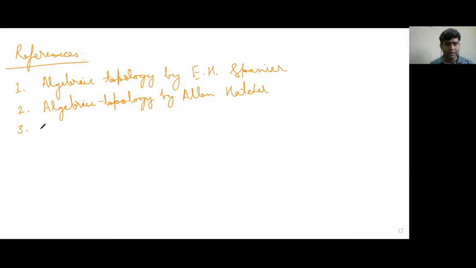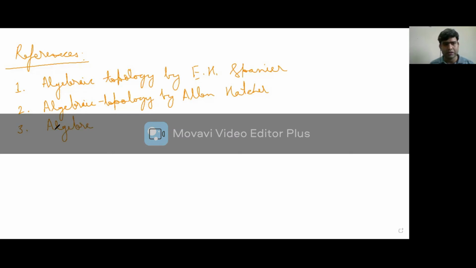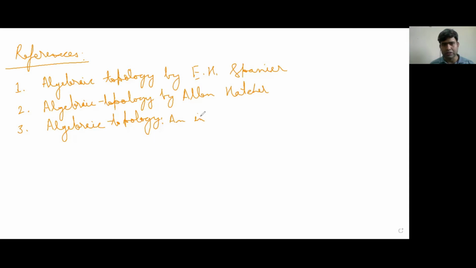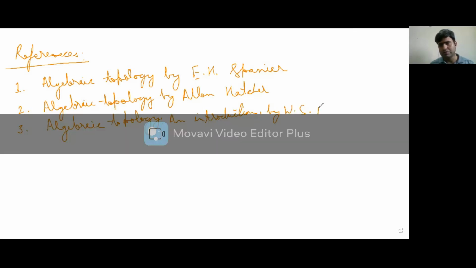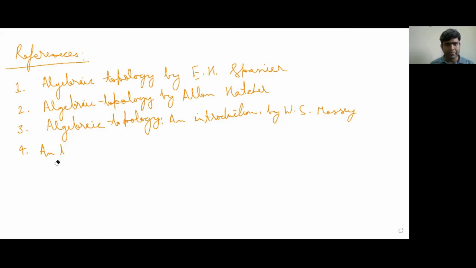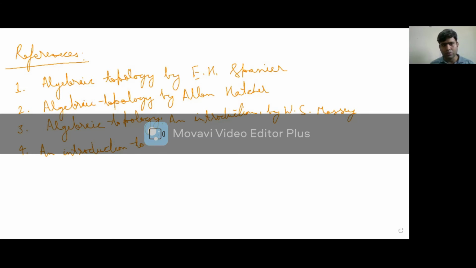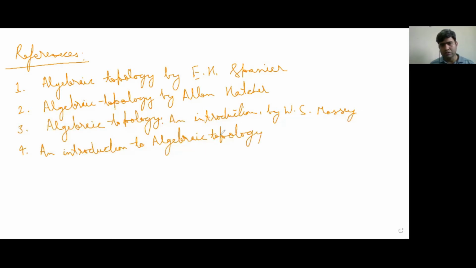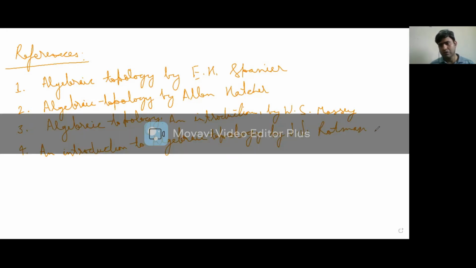Third is Algebraic Topology: An Introduction by William S. Massey. Fourth is An Introduction to Algebraic Topology by J.J. Rotman.